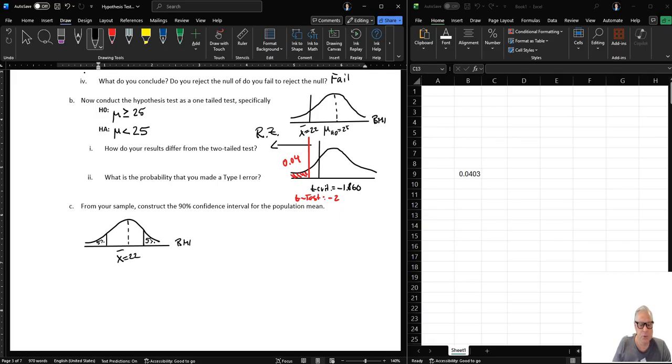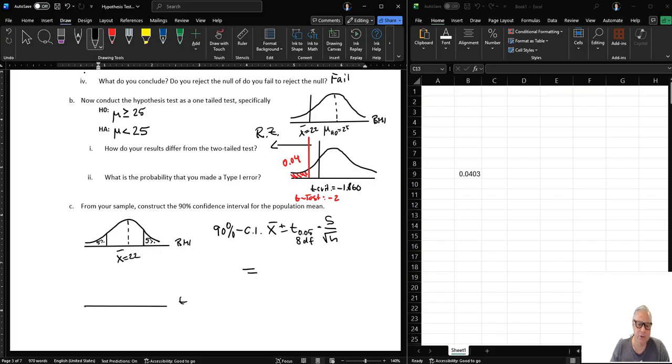So now we need to convert that problem into T, because the formula for the 90% confidence interval is sample mean plus minus T, where we have in each pocket 0.05 with 8 degrees of freedom times the standard error, which is the sample standard deviation over the square root of n.